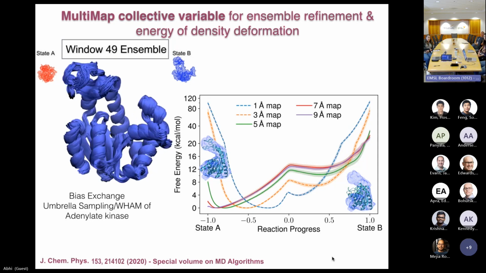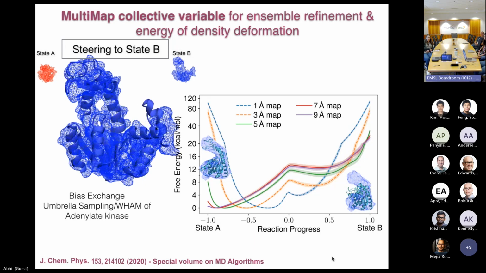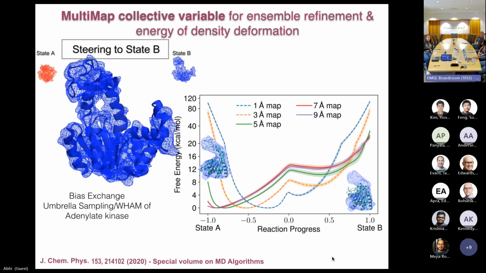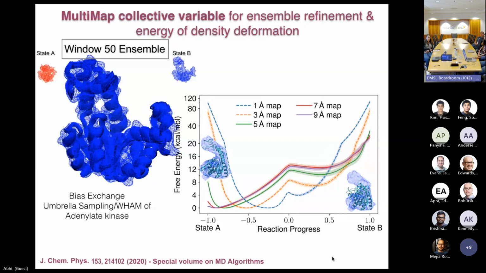Now we can do that. Back in the day, we were not able to do it. So now we can actually not just fit a structure into a density, but during the process of the movement, we can tell you the energy cost of that movement. Any traditional flexible fitting will not be able to do that. And this energy cost is important because biology understands energy.